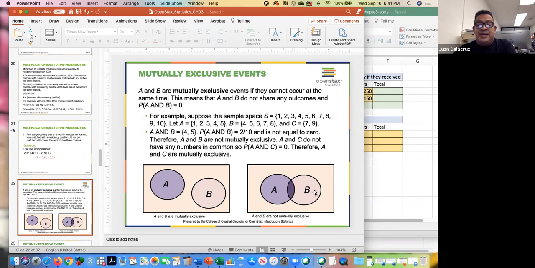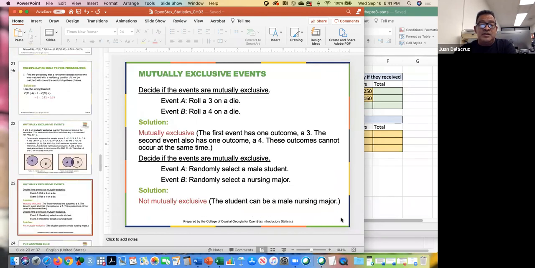However, A and B here are sharing some of the elements, right? So those are not mutually exclusive. When there are elements in common in the two different Venn diagrams, that means they are not mutually exclusive. So we have a very simple example: roll a 3 on a die, roll a 4 on a die.